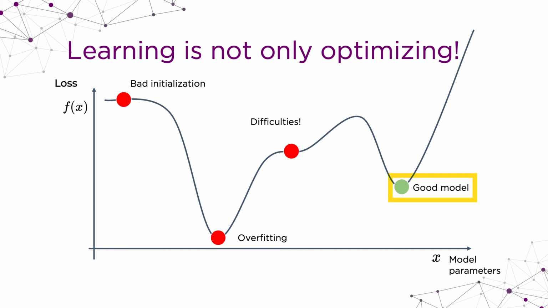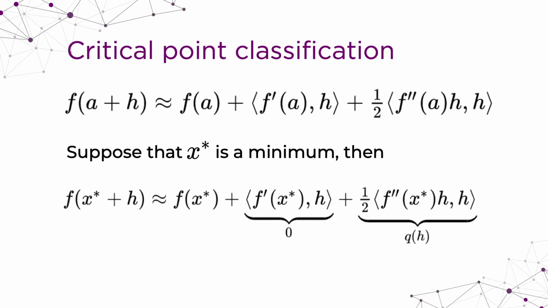Let's say that you have a good initialization, and for some reason, all the sigmoids of your model are saturating, then it's a saddle point. You can decrease some parameters, increase others, and you will get over this saddle point. But the main problem is not bad local minima. It's more saddle points.